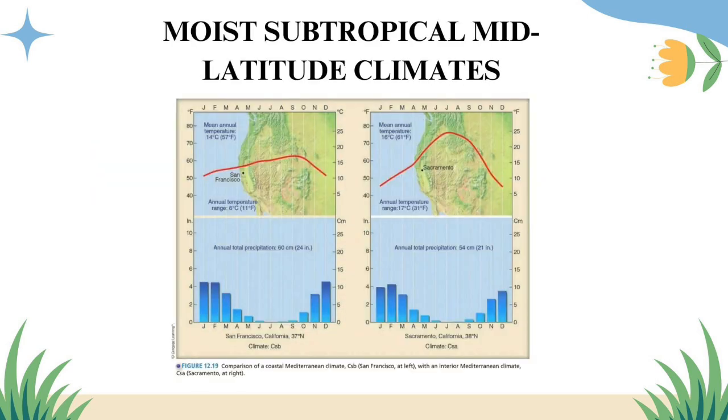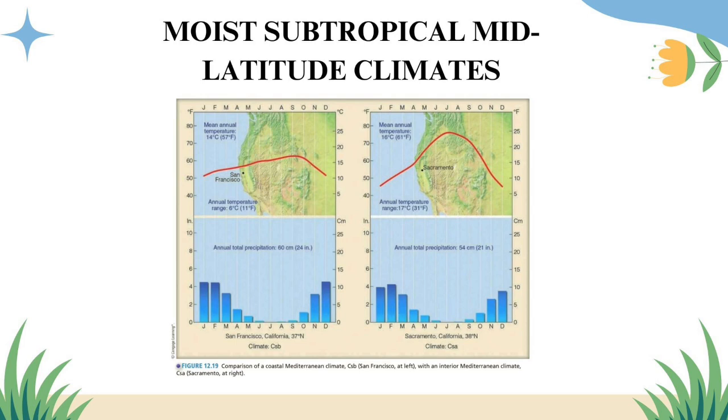Letter C, we have moist subtropical mid-latitude climates. So here, these climates occur in subtropics and have mild winters and hot, humid summers. Common vegetation includes broadleaf forest, shrubs, and crops like citrus. So rainfall here is well distributed but often peaks in summer due to convectional storms.